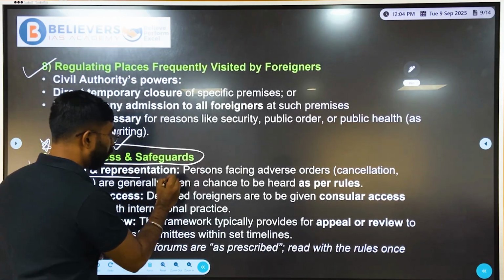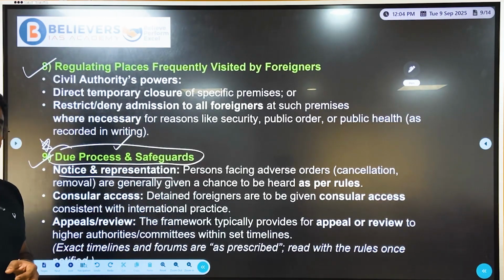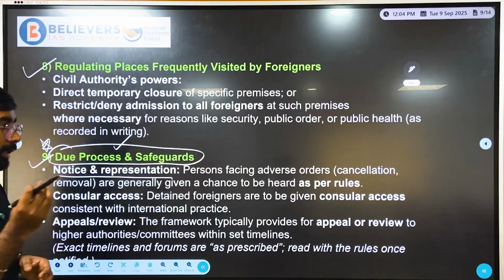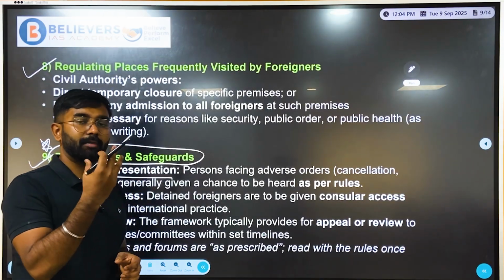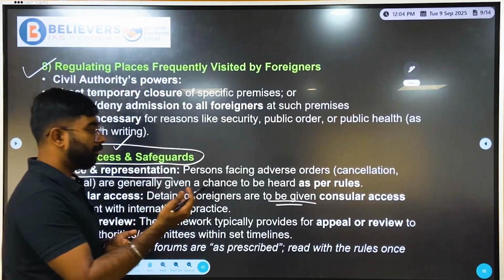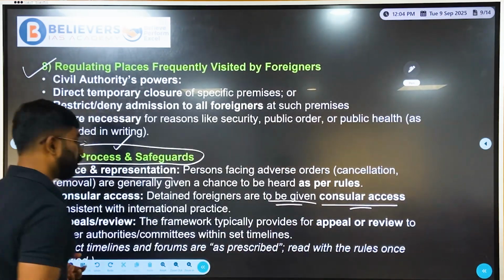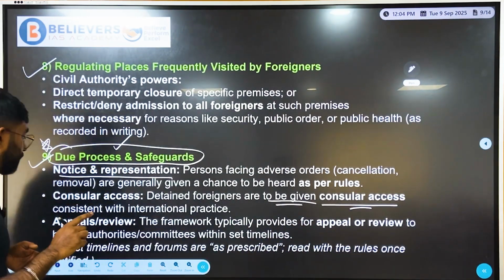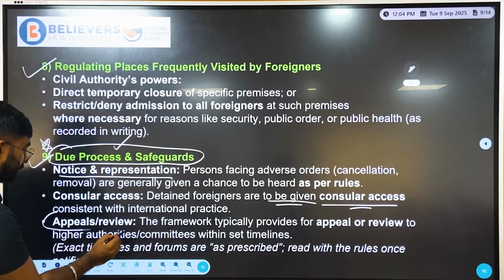Because even his voice has to be heard, right? Even he should be given an opportunity to be heard, or even for a trial. Hence it extends to a point where even consular access is given to that particular person, and it clearly states appeals and review.